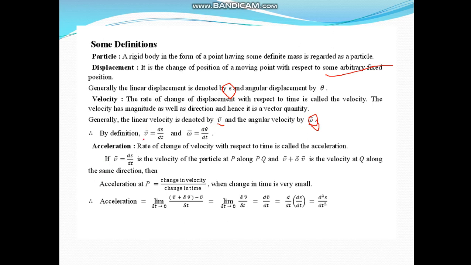By definition, vector v is the rate of change of linear displacement, that is ds by dt, and vector w is d theta by dt, that is the rate of change of angular displacement.